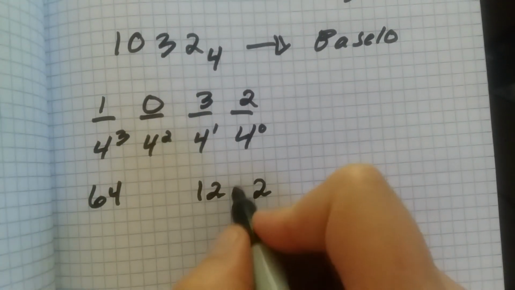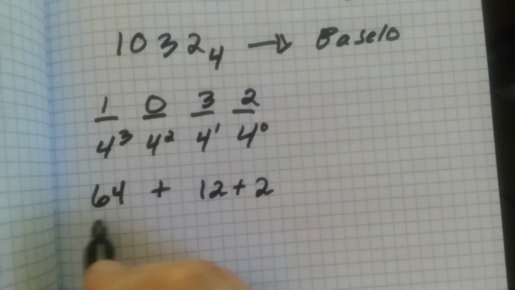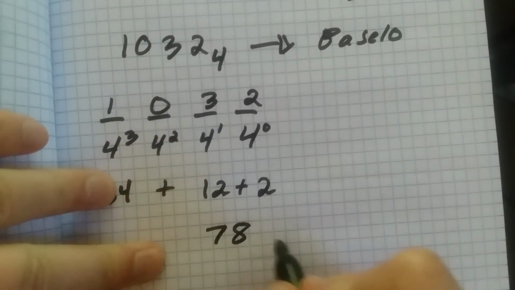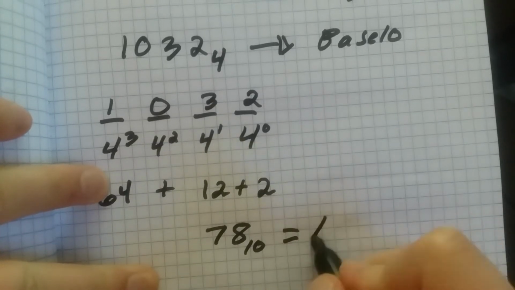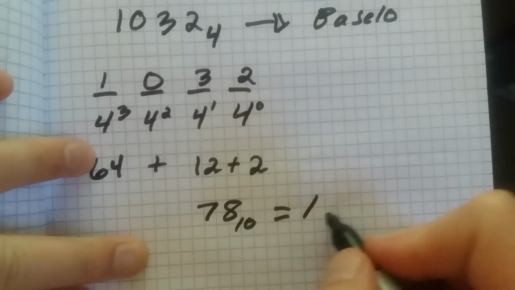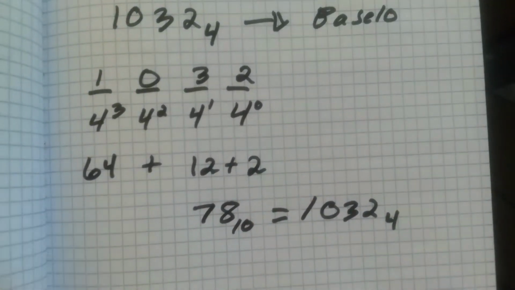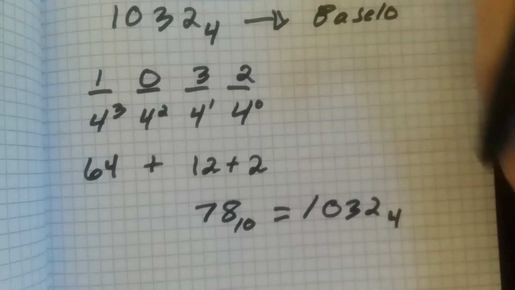So we're saying 64 plus 2 plus 12, 76, 78. So 1032 base 4 is equal to 78 base 10. Okay, so that should deal with going back and forth between bases.